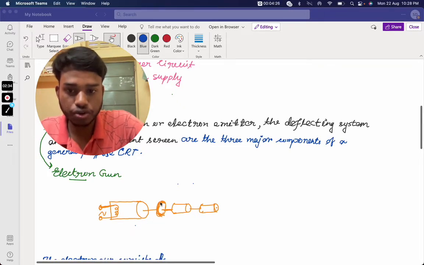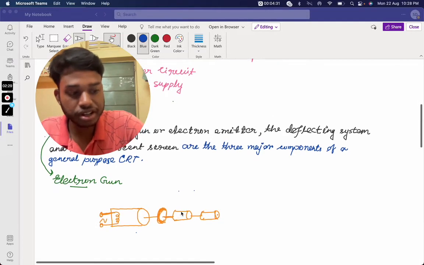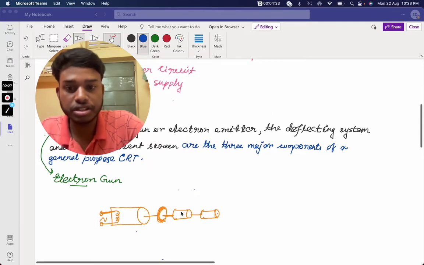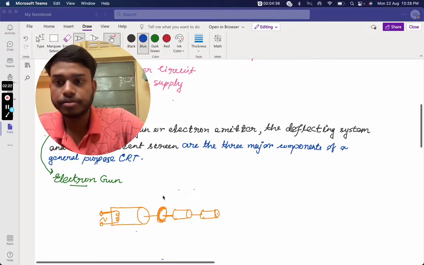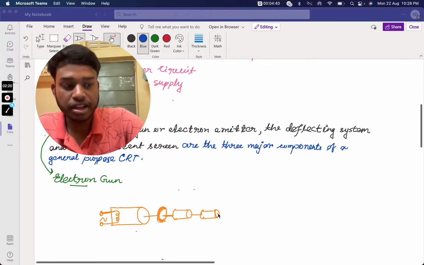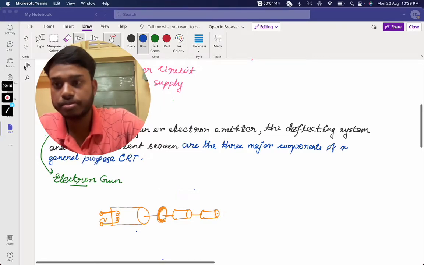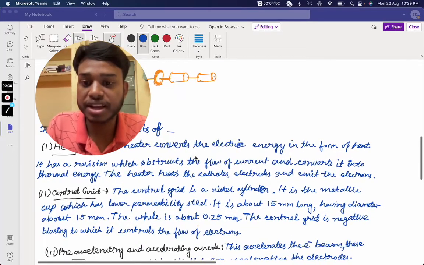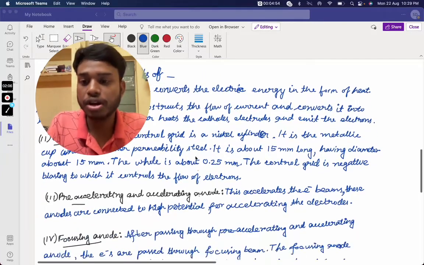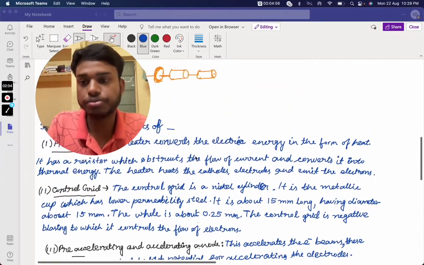This is the control grid which you are seeing, this is the pre-accelerating anode, and that is the focusing anode, guys. On this side there are emitting electron beams. So the electron gun consists of the heater, control grid, pre-accelerating and accelerating anode, and the focusing anode.